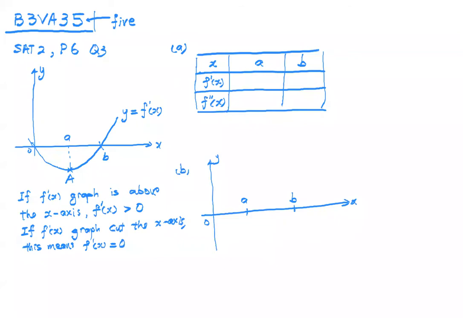So you see A, you look at point A. It is below the x-axis for the f prime x graph.